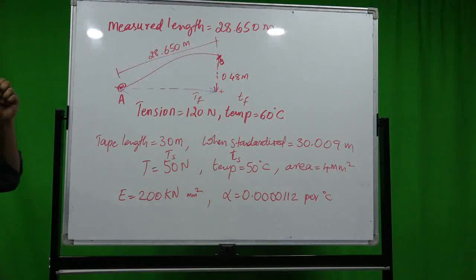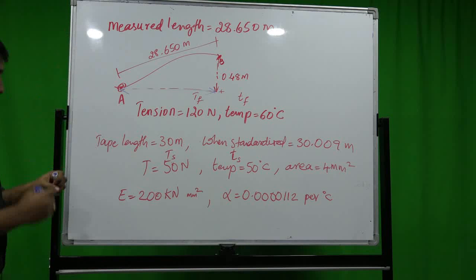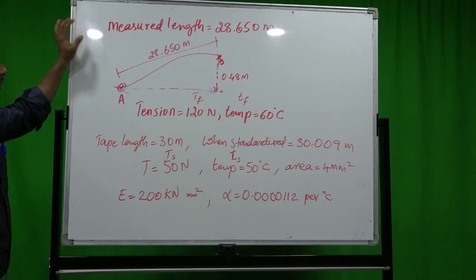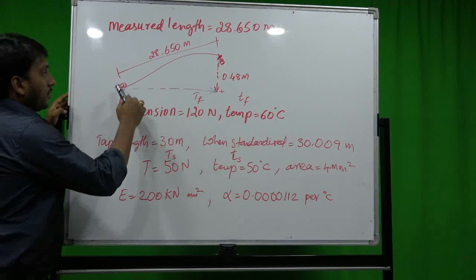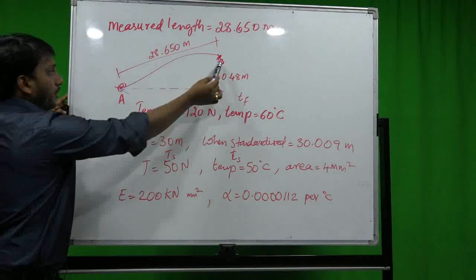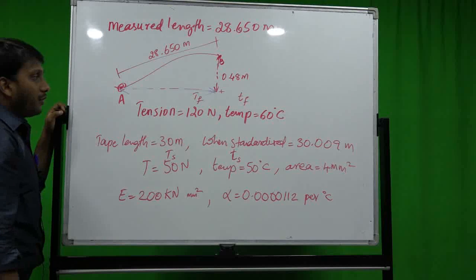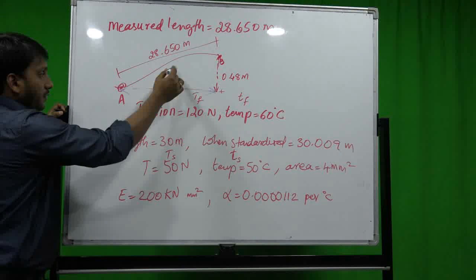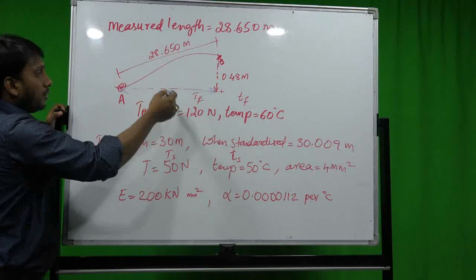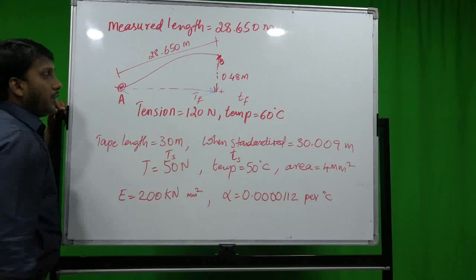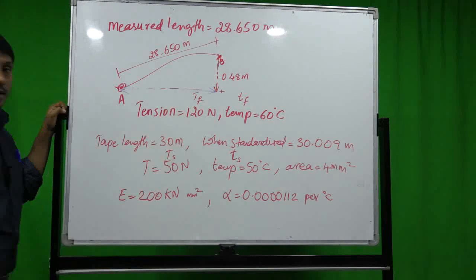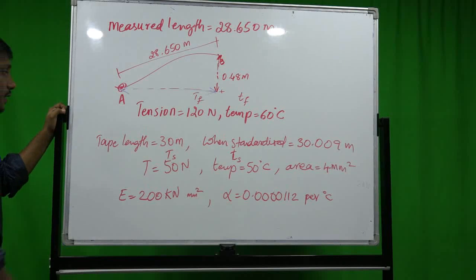I'll explain briefly what is there in the problem. The measured length is 28.65 meter. The difference between the heights of point A and B is 0.48 meter. When they were measuring these distances in the field with the tape, the tension applied was 120 newtons and the temperature in the field was 60 degrees centigrade.